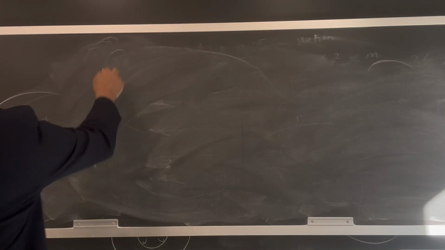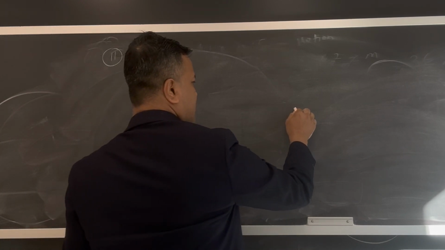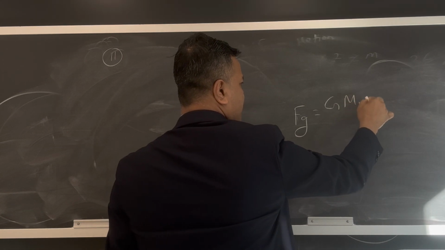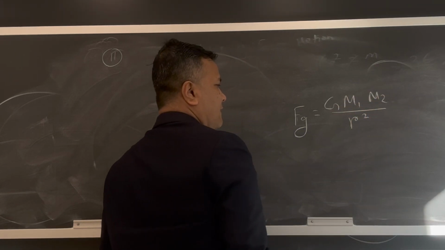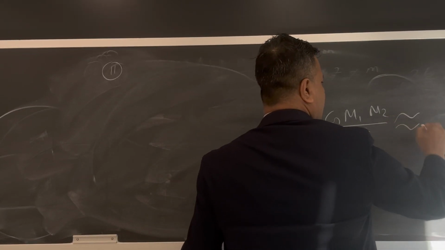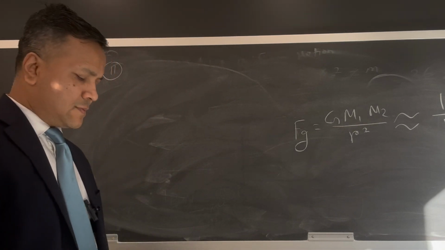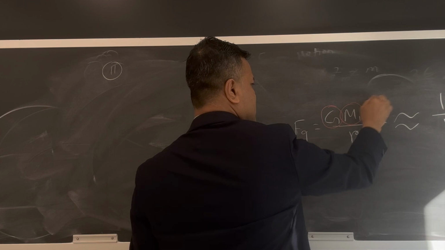Problem 11 is testing your understanding of the inverse square law, which you can rewrite as 1 over r squared. That's it. Why? Because this is a constant. This is a constant. This is a constant.